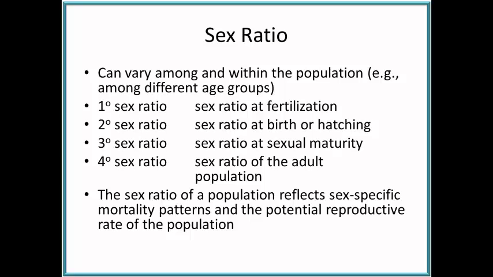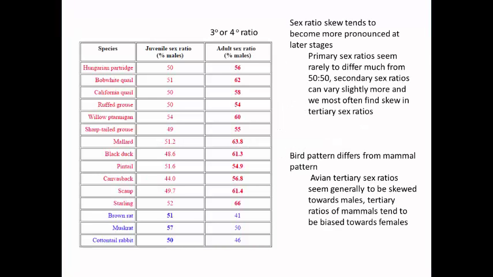Secondary sex ratio, which is sex ratio at birth or hatching. Tertiary sex ratio, which is at sexual maturity, and quaternary sex ratio at adult. And the sex ratio of a population reflects different mortality rates for the different sexes and can really have reproductive repercussions for the population.